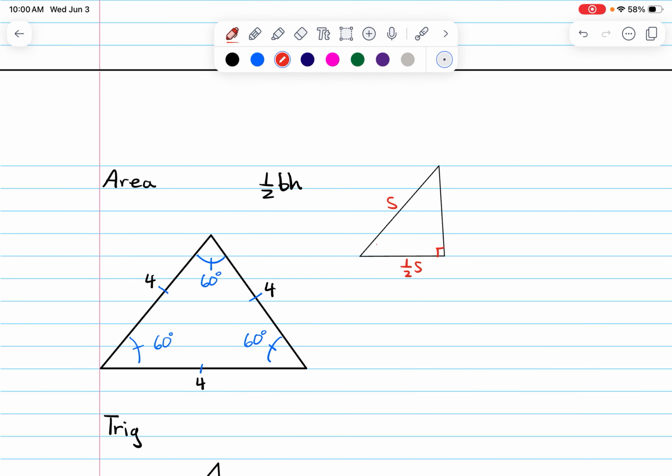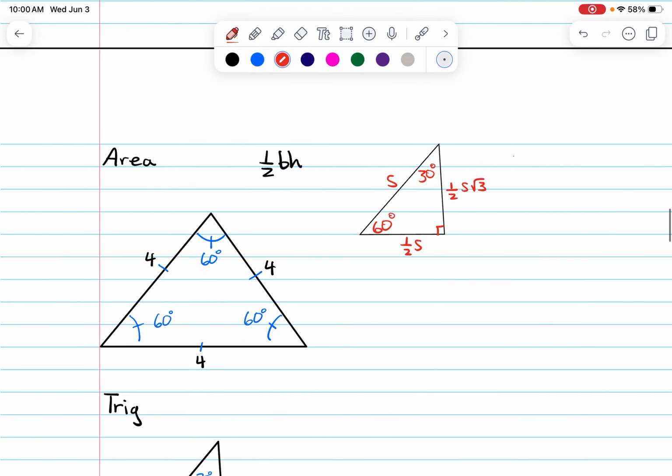Okay, now this is what we already know. I'm just going back, restating a lot of stuff. The side opposite the 60 degrees is 1/2 the side times the square root of 3. We already established that. So now let's get the area. The area is 1/2 base, that's 1/2 s, times the height.